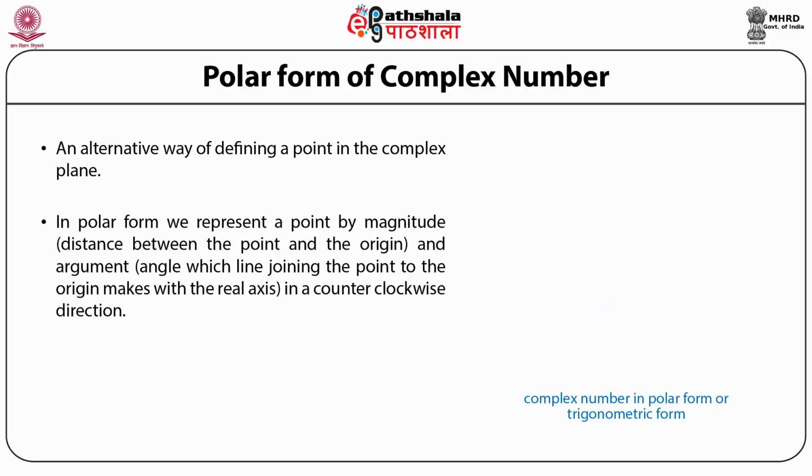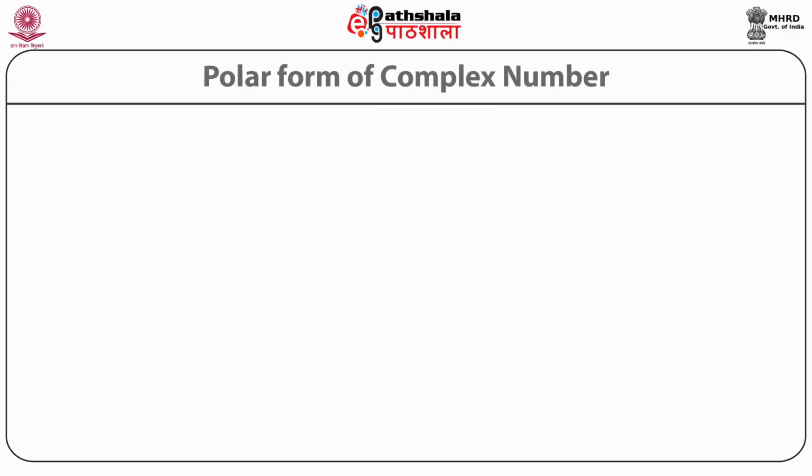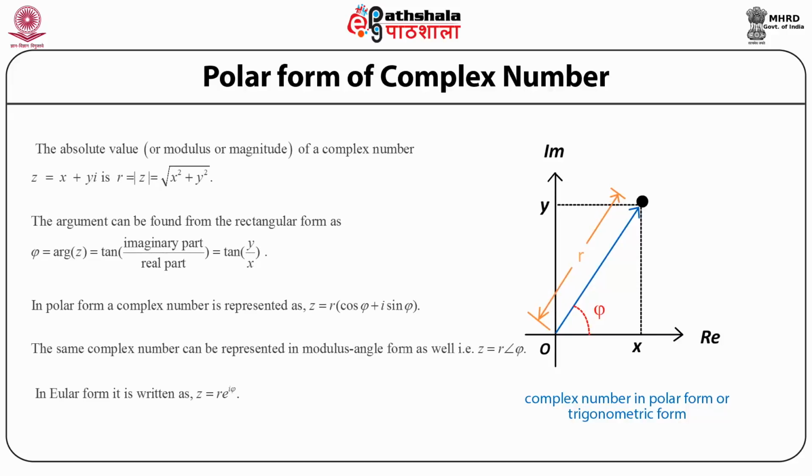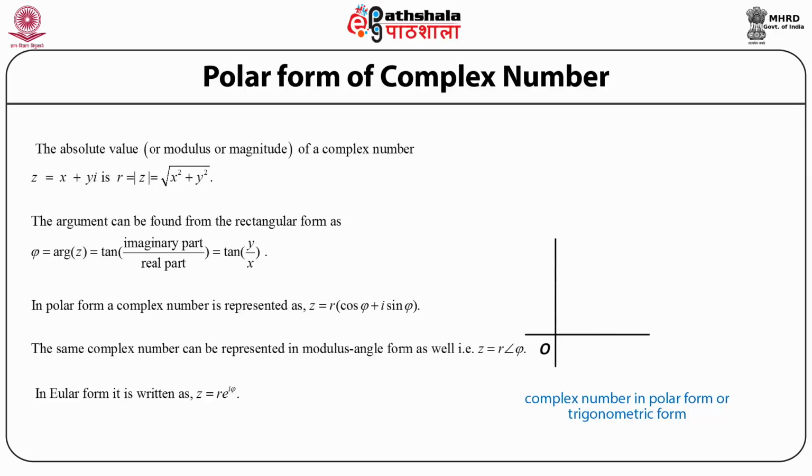You always take the real axis and move counterclockwise. We are going to see the polar form of the complex number and calculate it further. Like we discussed in the previous slide, we can represent any value with an amplitude and an argument theta.